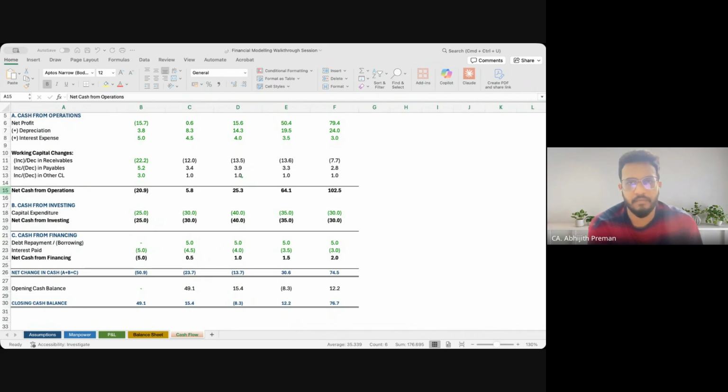Free cash flow is the strength of the business. People say P&L is not actually real. It's more of an opinion, or a judgment we make on the business. But cash is the factual thing. So if you're having good free cash flow, that's the best thing you can have in a business.